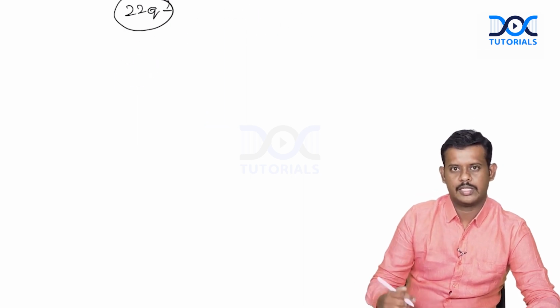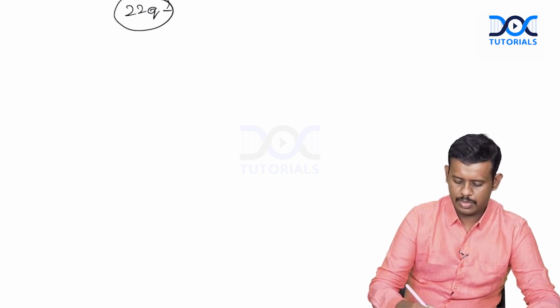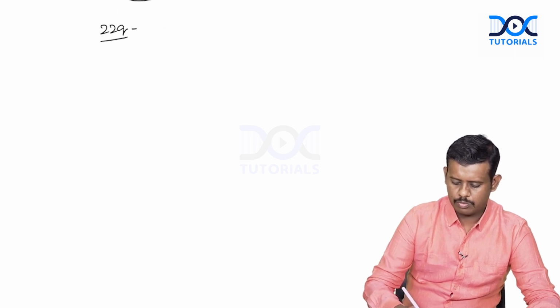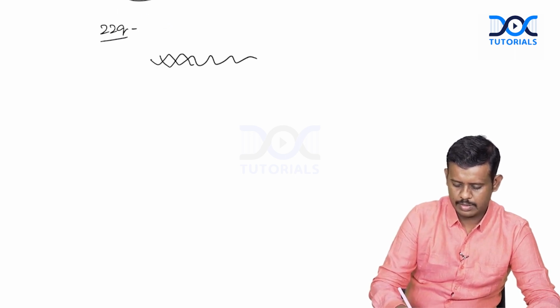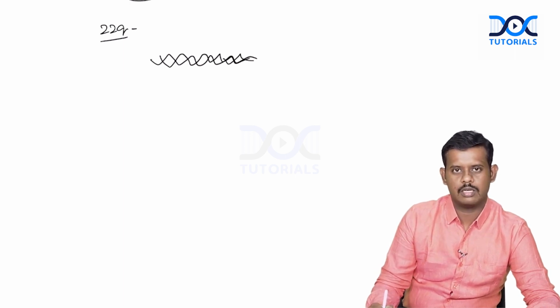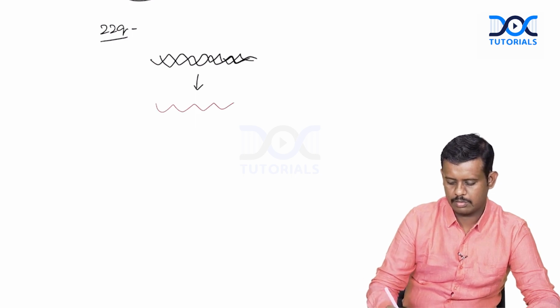So in detail, let's go into the mechanisms of how this translocation causes this proliferation. The 22q minus means there is a chromosome which has DNA. Let's take this as the DNA, which is double stranded. The double stranded DNA gives rise to single stranded mRNAs.